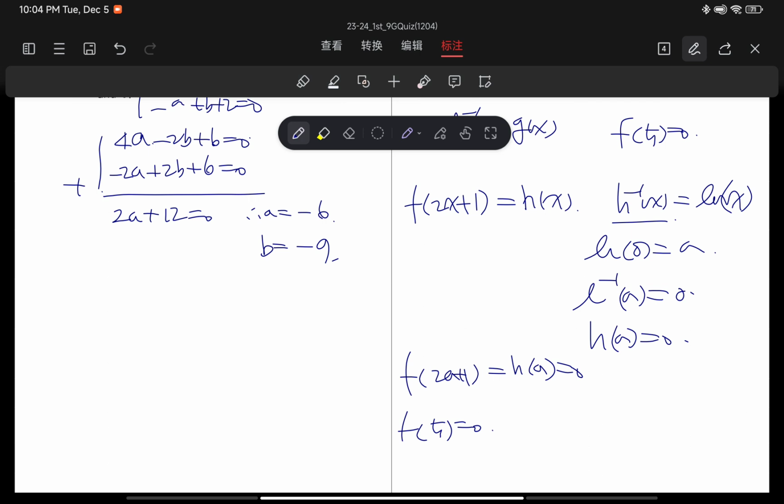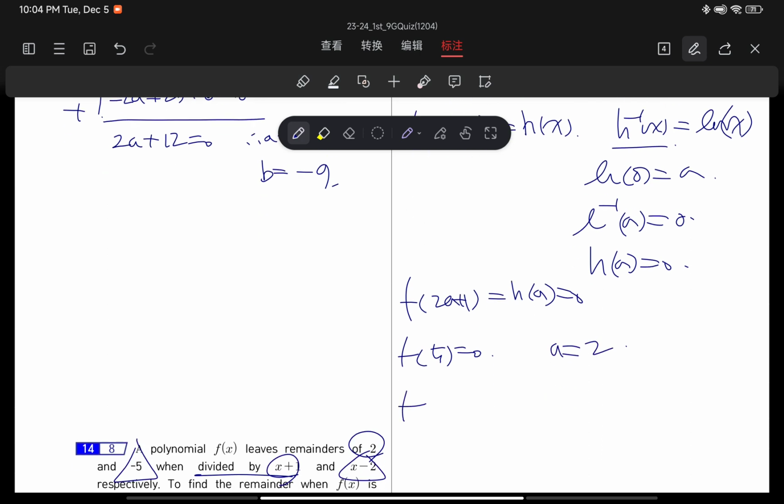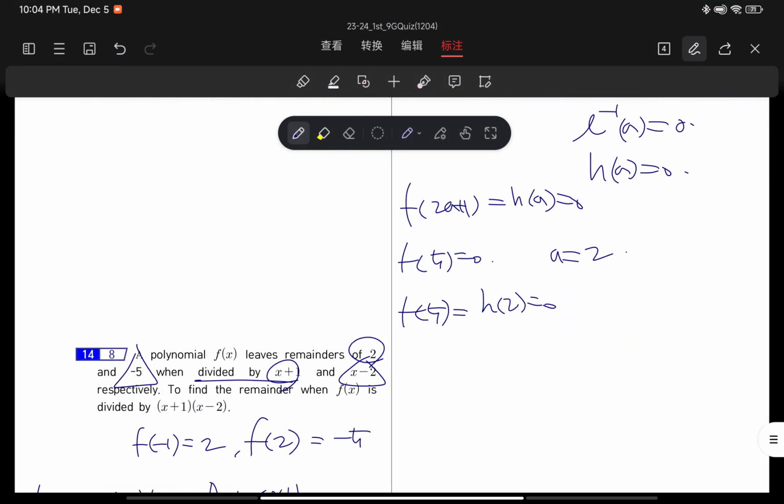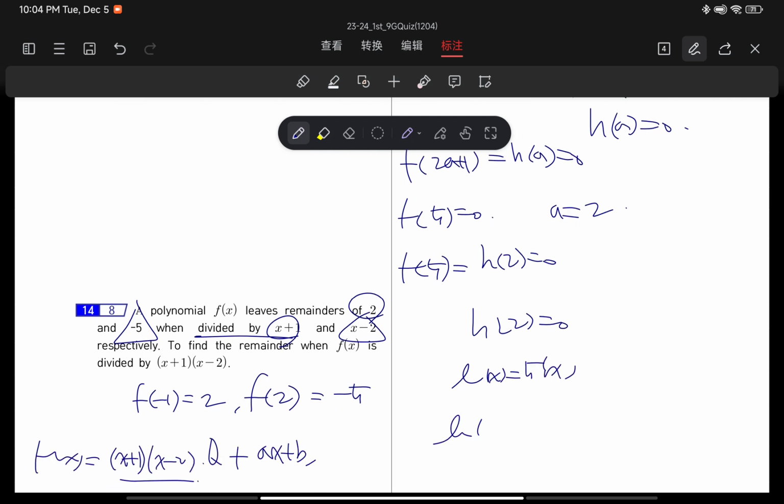So if a equal to 2, then f(5) equal to h(2) equal to 0. So answer equal to h(2) equal to 0 means l(x) means h inverse x. So l(0) equal to 2. So answer is 2. Okay.